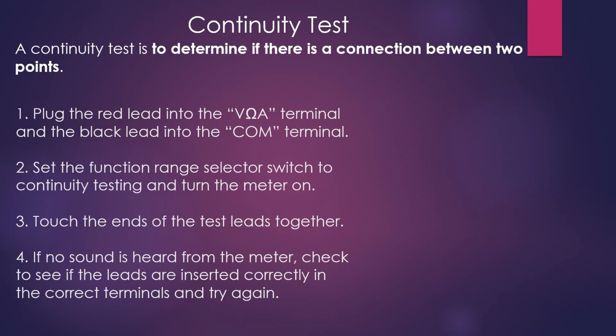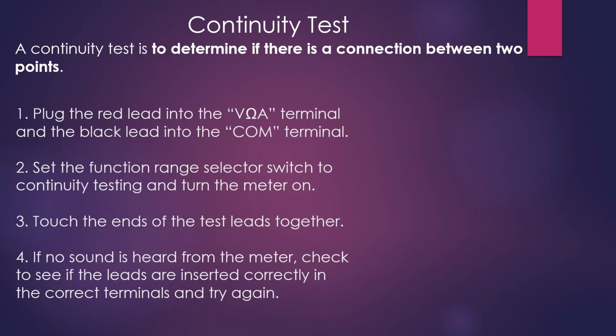For the continuity test, we usually do this test to determine if there's a connection between 2 points. To do this test, insert a red lead into the volt ohm terminal and a black lead into the COM terminal. After doing that, use your dial to select the continuity function, and then turn your multimeter on.